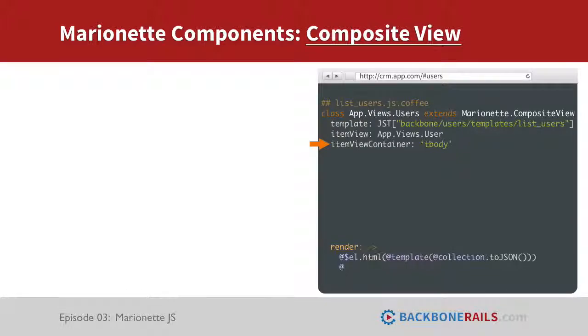Now, if you were watching closely, you might think, in our old code, we also had to decide how these new views would be attached to the DOM. And rightfully so. We said that each of these views should append into the tbody, so each view naturally adds to the next. We don't have to tell our composite view to append these because it naturally already uses the append method.